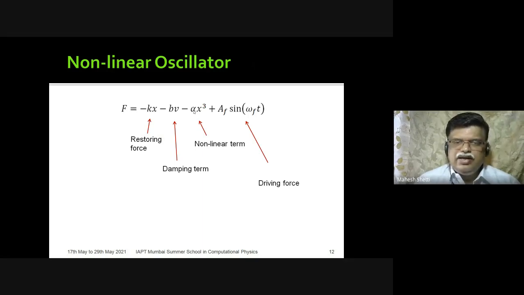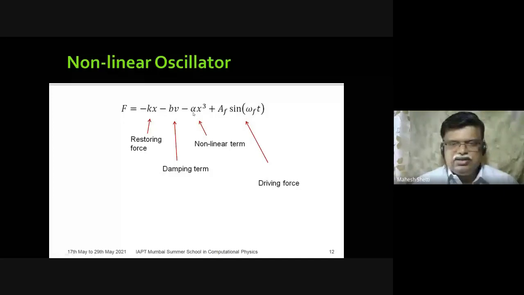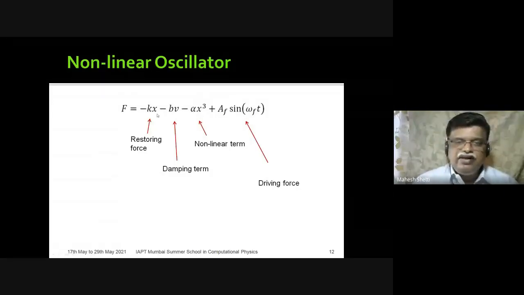In the standard textbook this alpha is included within k plus some additional coefficient, but I'm writing it as a separate term over here. So what does this do? This term basically gives an additional frequency component that we'll see.